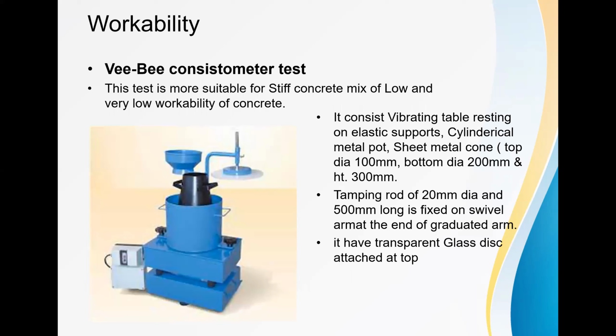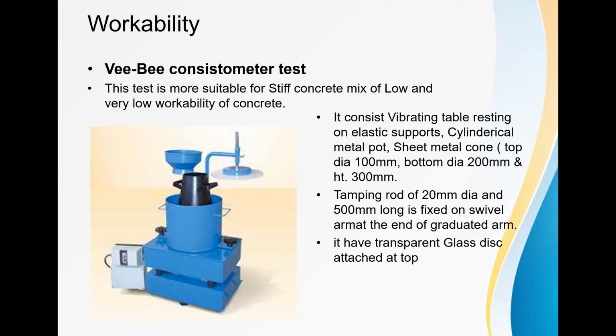Let's see the workability in the VB consistometer test. This test is more suitable for stiff concrete, that is plastic or green concrete mix, of low and very low workability. It consists of a vibrating table resting on elastic supports, a cylindrical metal pot, and a sheet metal cone whose top diameter is around 100 mm, bottom diameter is 200 mm, and height is about 300 mm.